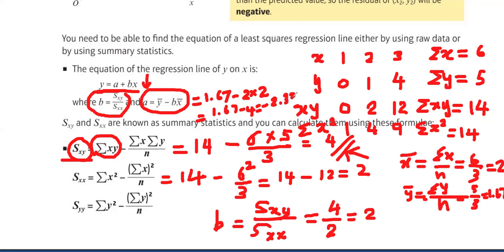This is the value of a. Then the regression line equals, what is the value of a? We found now minus 2.33, and b is 2, plus 2x. This is the regression line.